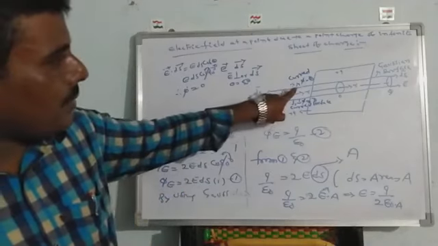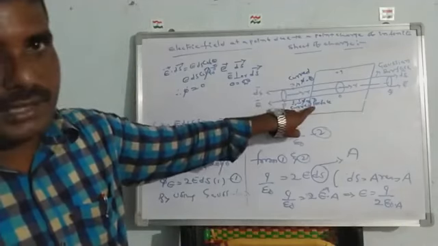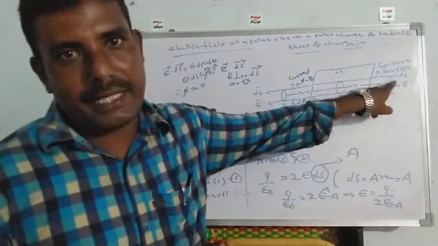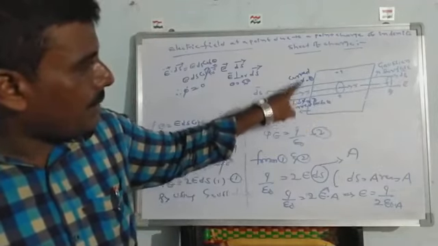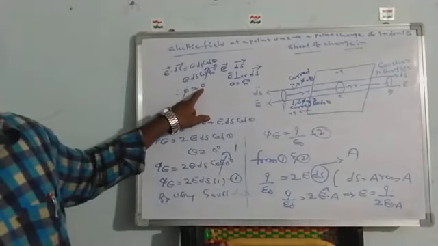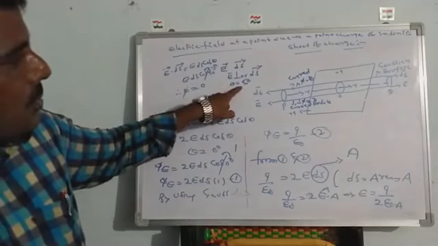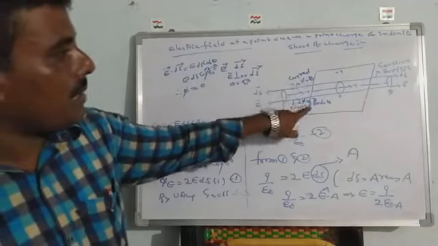So here there are curved surfaces and end faces. At the curved surfaces, the electric flux is 0 because both are perpendicular to each other, so theta equals 90 and flux becomes 0.